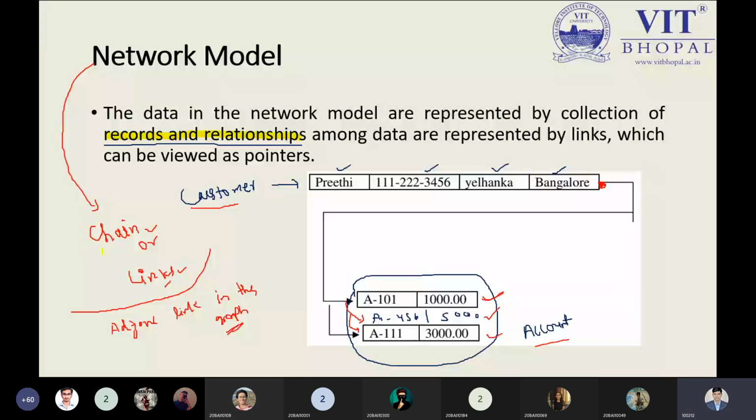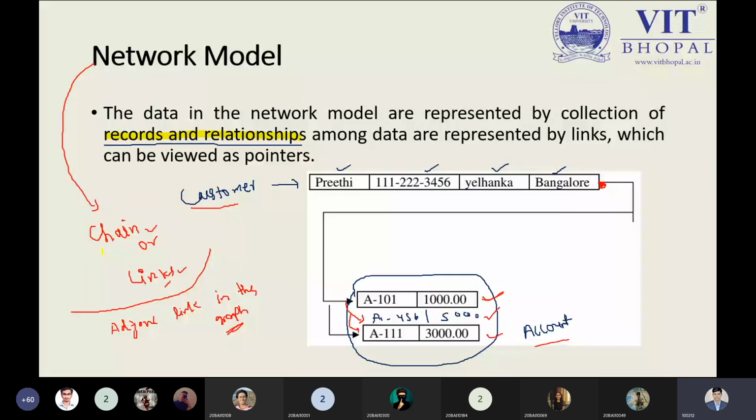If you remember the customer table where we saw the Priti record, Priti is the customer name, with her social security number, address and city. This will be mapped to two parts: A1001 and 1000, A456 and 5000, and A111 and 3000, from the account table.